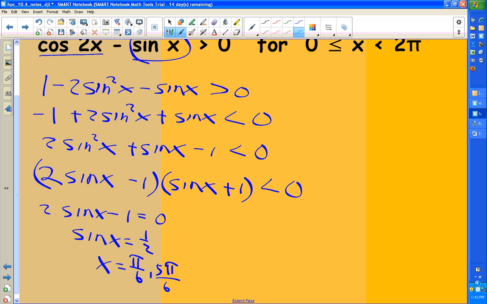Dan, do you think it means root 2 over 2? Yeah. Okay, and then when we solve the other one, sine x plus 1 equals 0, sine x equals -1. So x is going to be the sine inverse of -1. Where's the sine equal to -1? 3 pi over 2.